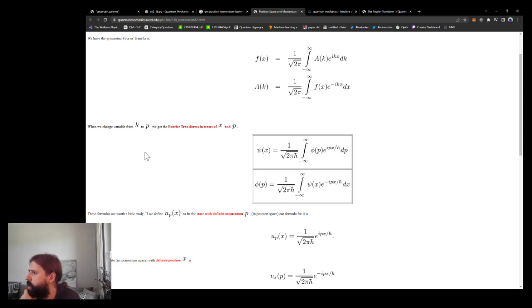What does it do? I don't know. We get the Fourier transforms in terms of X and P. So this is what we want to get.